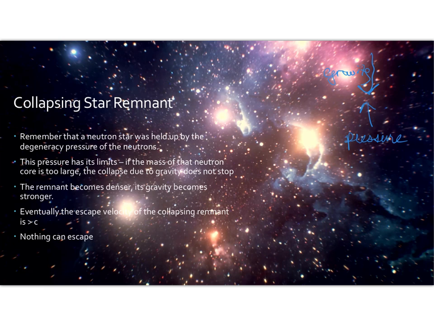This is going to happen extremely fast. And one of the hallmarks of relativity and our physics is that nothing can travel faster than the speed of light. And if the gravitational field of this remnant is so strong that you would have to travel faster than the speed of light to escape it, then essentially nothing can escape this gravitational field. It has become a black hole.